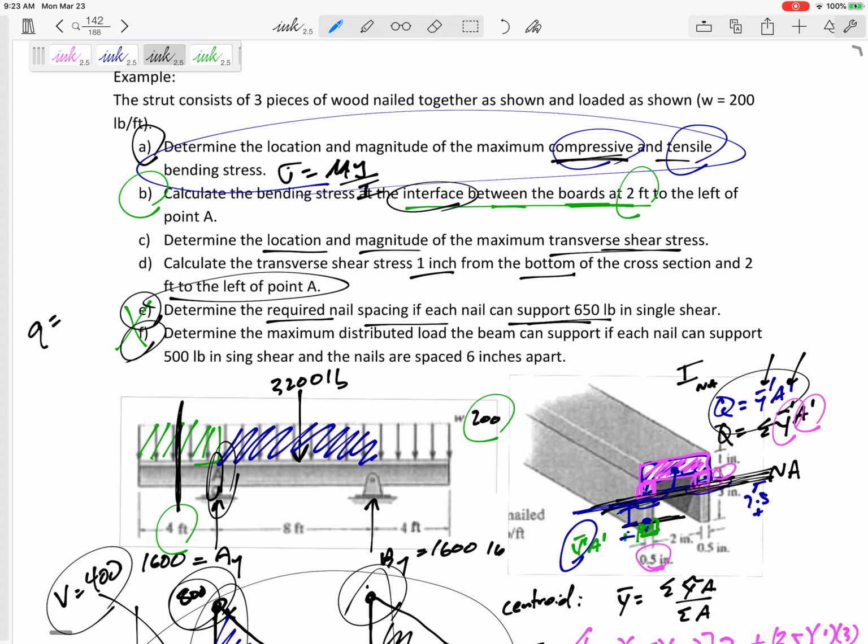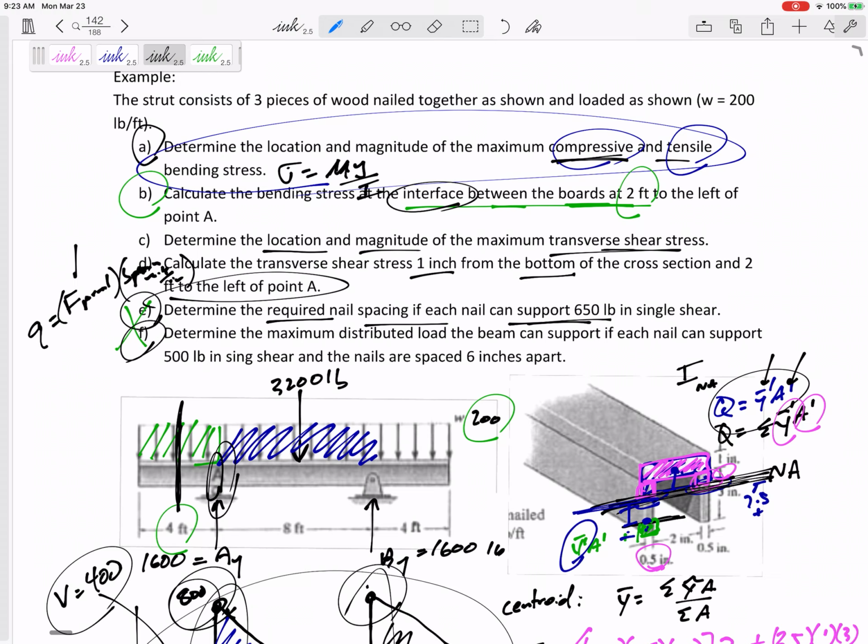So I know that the Q is the force per nail times the spacing of nails per inch.